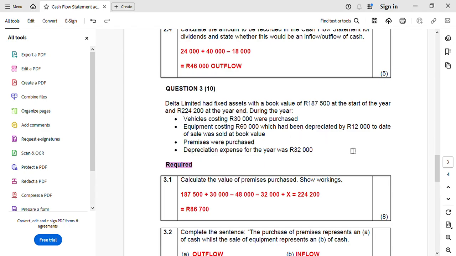The difference between those two numbers, 48,000, is your carrying value. You are selling, so it goes down. Your depreciation expense for the year is 32,000, so that also decreases your carrying value. And then you add X, which is going to be the value of the premises, and that gives you 224,200, which was your fixed assets at the end of the year.